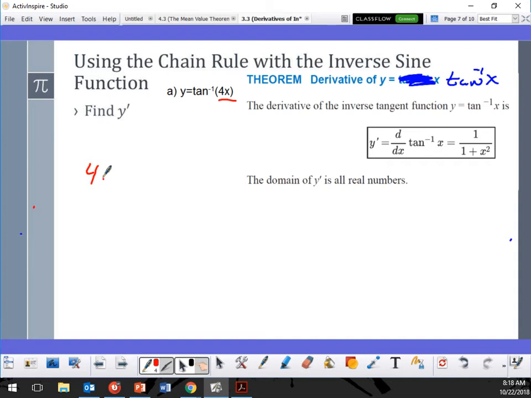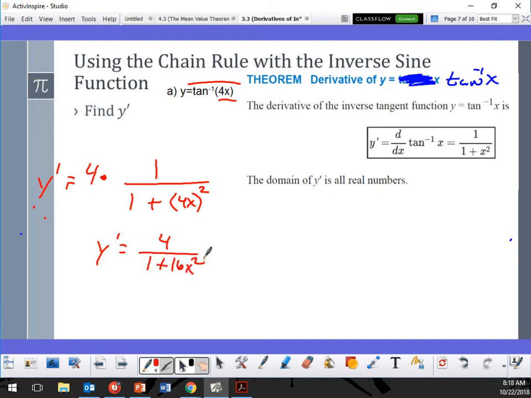So it's 4 times the derivative of the outside, 1 over 1 plus 16, what's my x? 4x. And that's going to be squared, right? So now together, y prime is going to be 4 over 1 plus 16x squared.